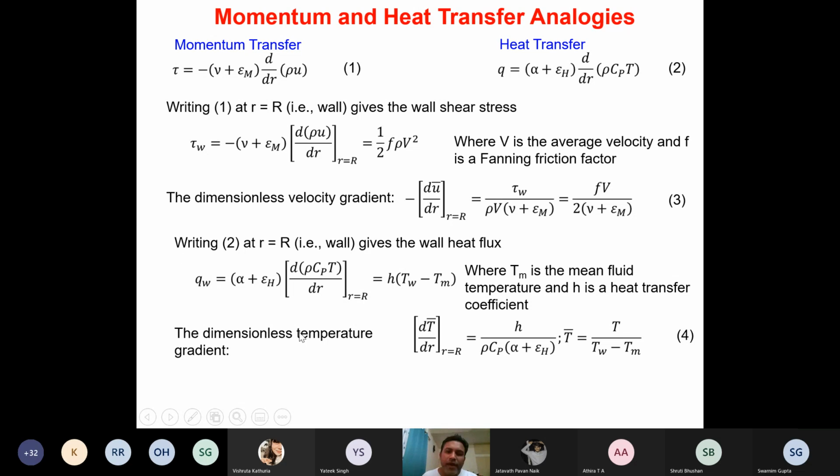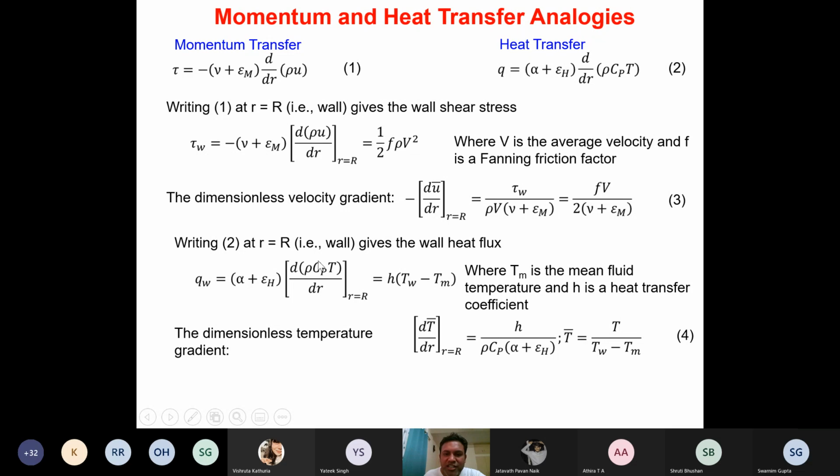So now this equation of wall heat flux is rearranged in the form of a dimensionless temperature gradient. The dimensionless temperature gradient here is given as d T bar by dr at r equals R, calculated at the wall, where T bar is T divided by (Tw minus Tm).